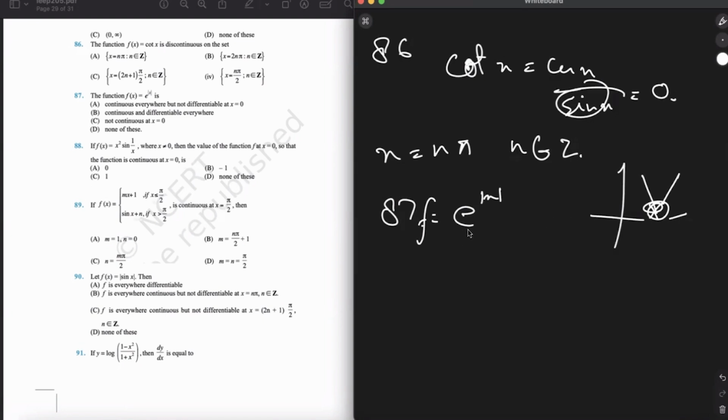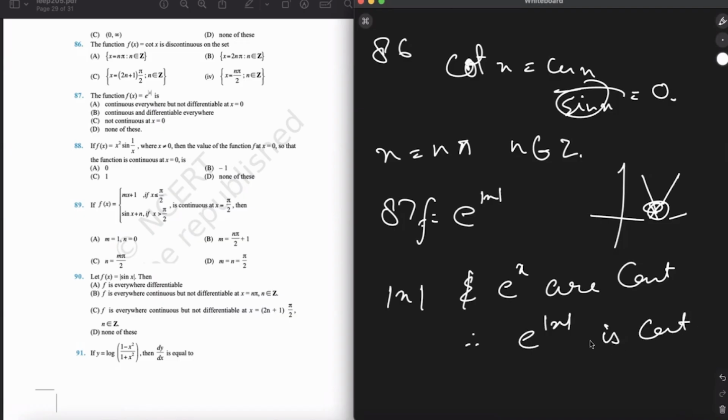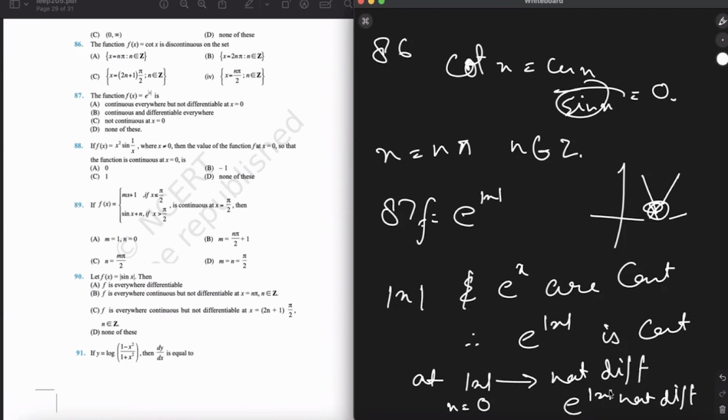Mod x and e raised to the power of something are continuous. Therefore, e raised to the power of mod x is continuous. But talking about differentiability, at mod x equal to 0, this is not differentiable. So this makes it not differentiable where mod x is equal to 0. So the correct option is option A.